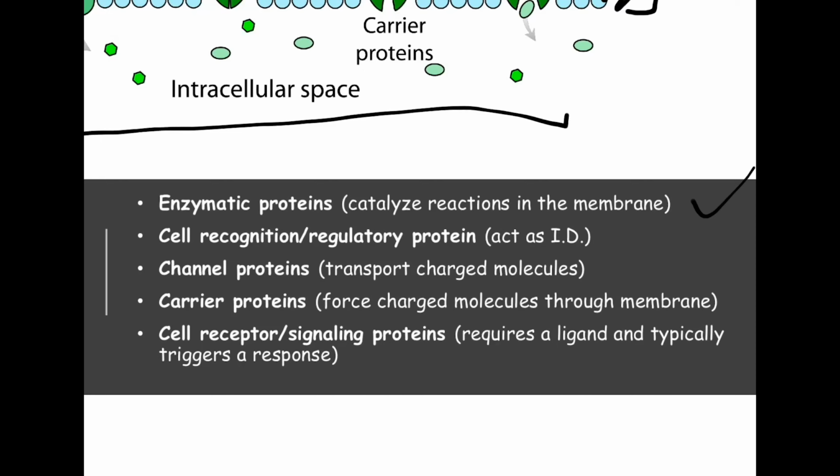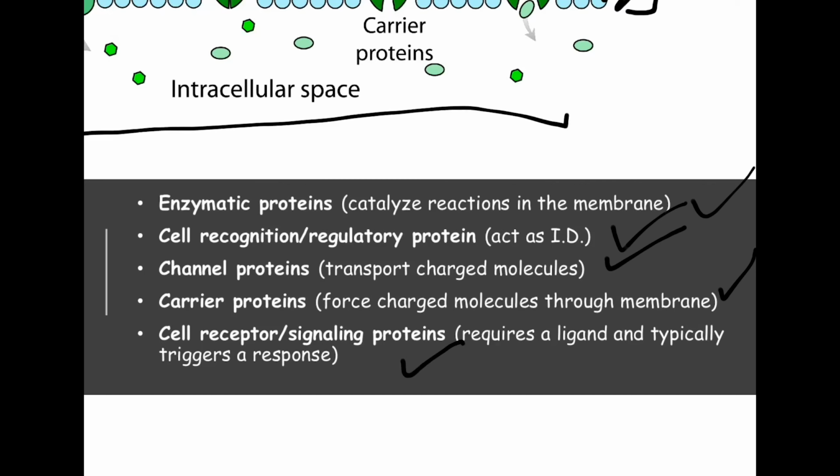We have cell recognition proteins that act as ID cards on a cell, helping your body know what's self and what's not self, which is really important for the immune system. Then you have channel proteins that transport charged molecules into the cell if needed. You have carrier proteins that literally force in charged molecules, and it usually requires ATP.